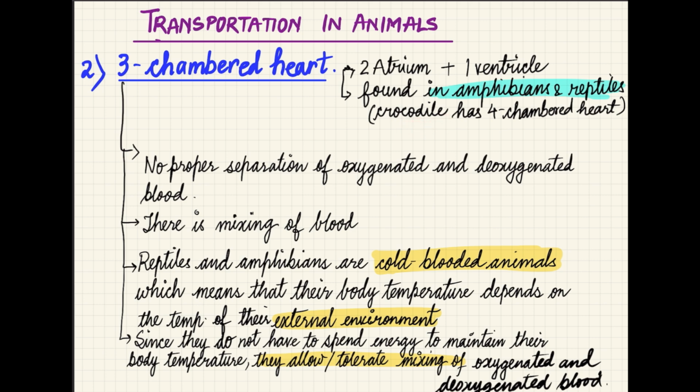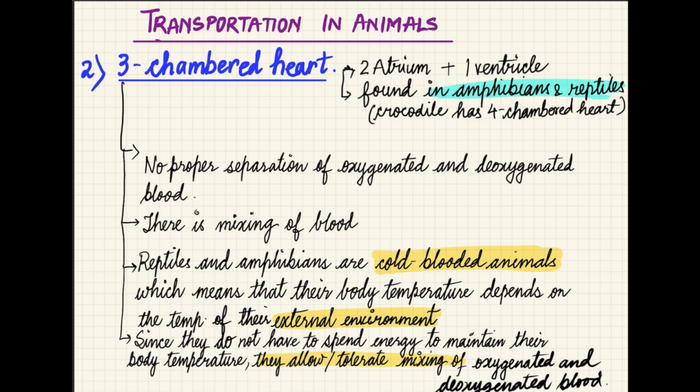Now, because these animals do not have two ventricles, ultimately there is a mixing of the venous blood and the atrial blood. The oxygenated and the deoxygenated blood get mixed in the ventricle, and this is less efficient than the system found in mammals and birds.